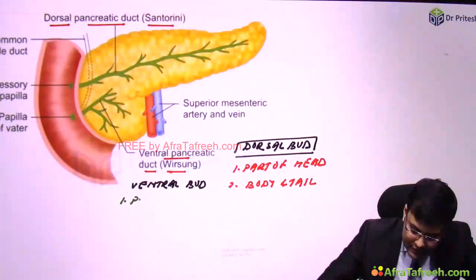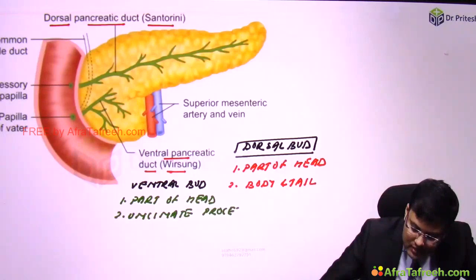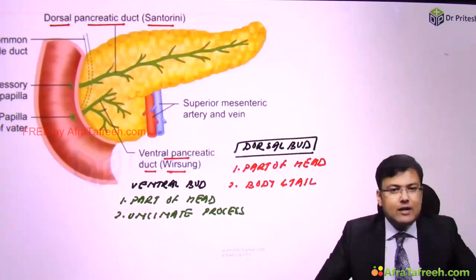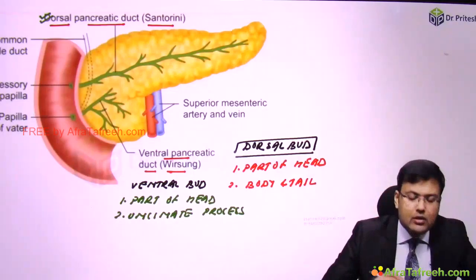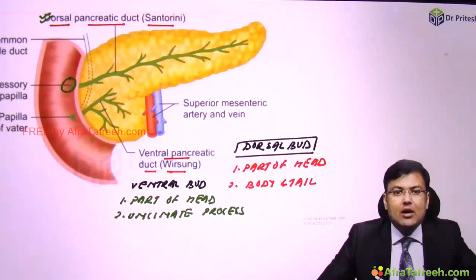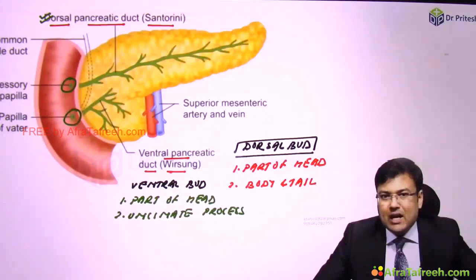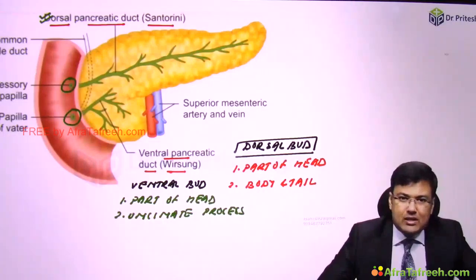Part of head and uncinate process. So part of head, body and tail are being drained by the dorsal pancreatic duct, into the minor papilla or accessory papilla, whereas via major papilla or ampulla, the part of head and uncinate process is being drained.